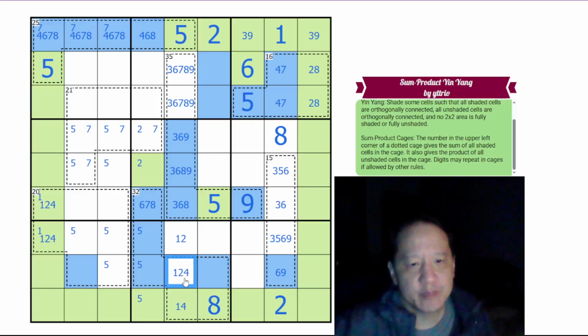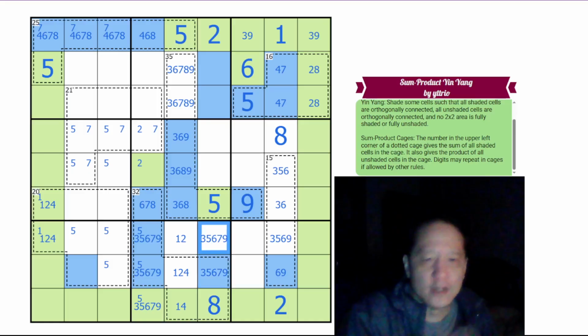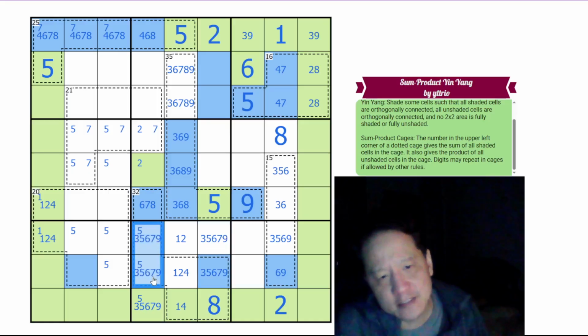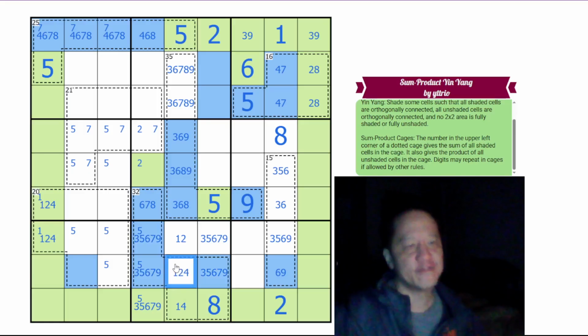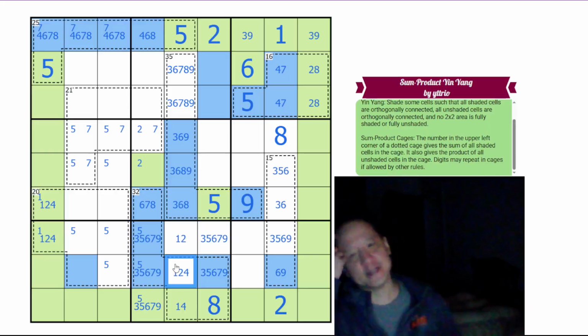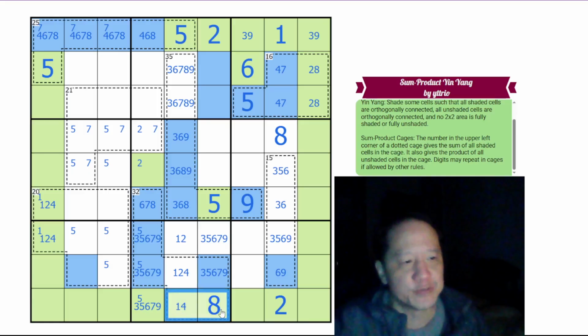Can this actually be 2? It could be, right? 8 with 6, 7, 9. Remaining digits in box 8 are 3, 5, 6, 7, 9. The 9 has to be in the shaded regions, right? So this can never be 4 if it's shaded, because we need 4 times 8 to multiply to 32.